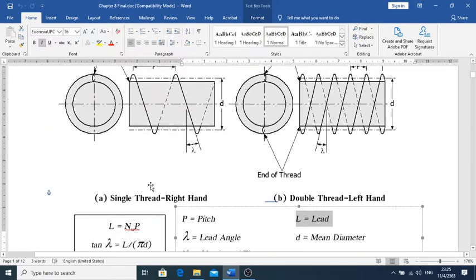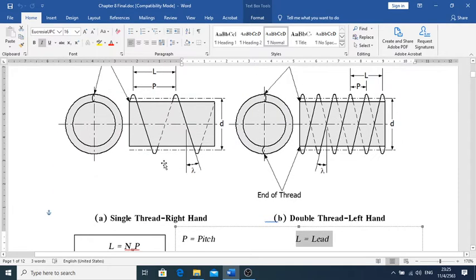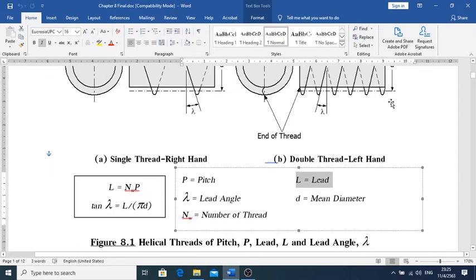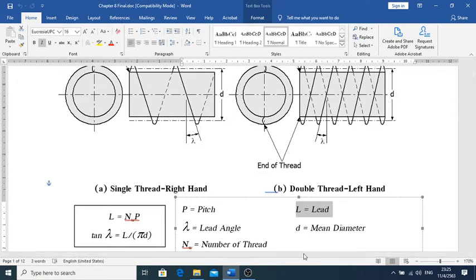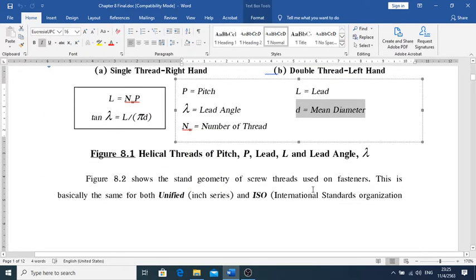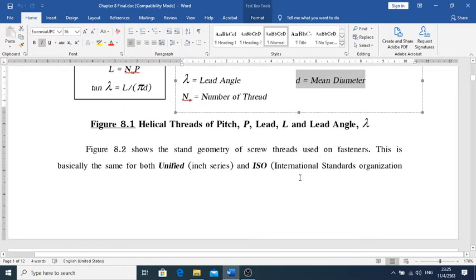Pi d is what we wrap in one revolution. D is the mean diameter, the pitch diameter. So these are the definitions.